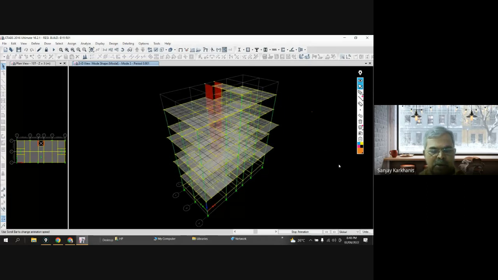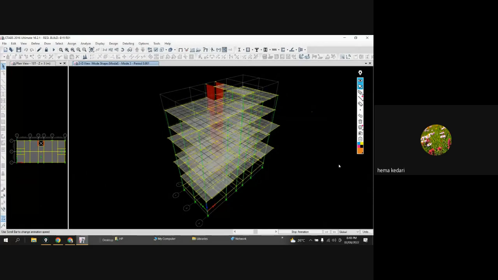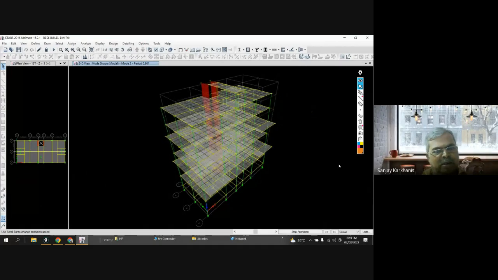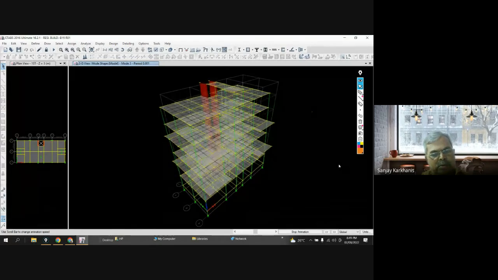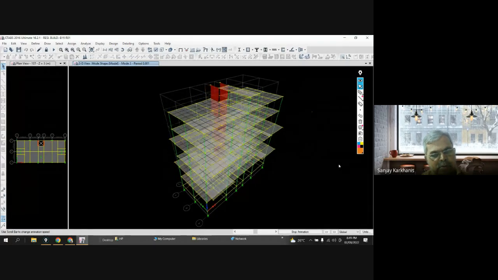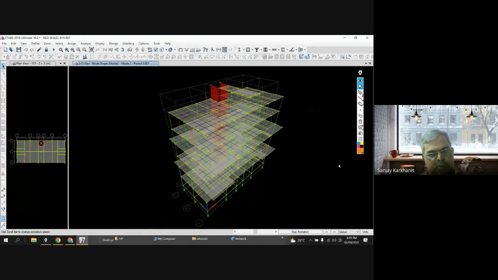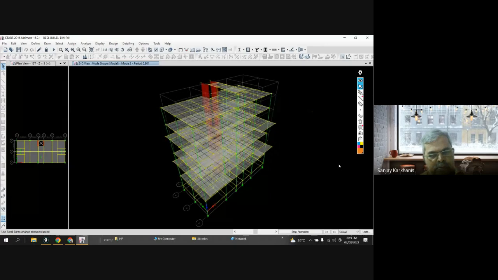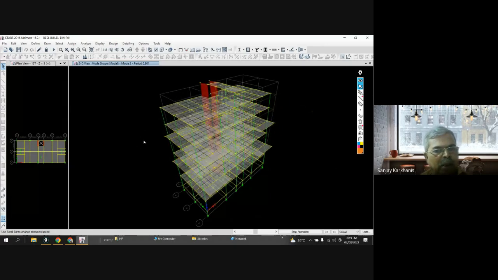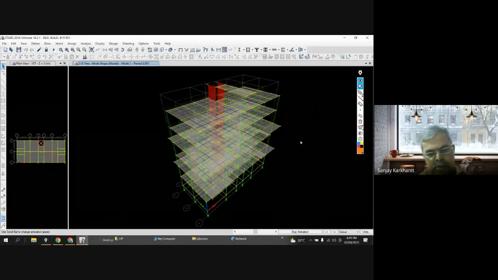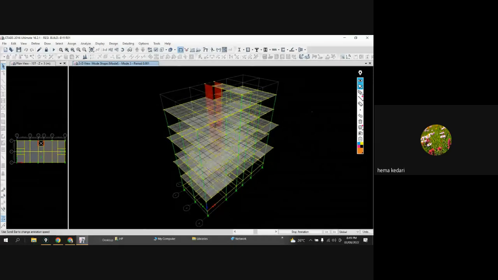Is it clear? So this is how you can change the performance of your structure. Any doubt, please? Clear?